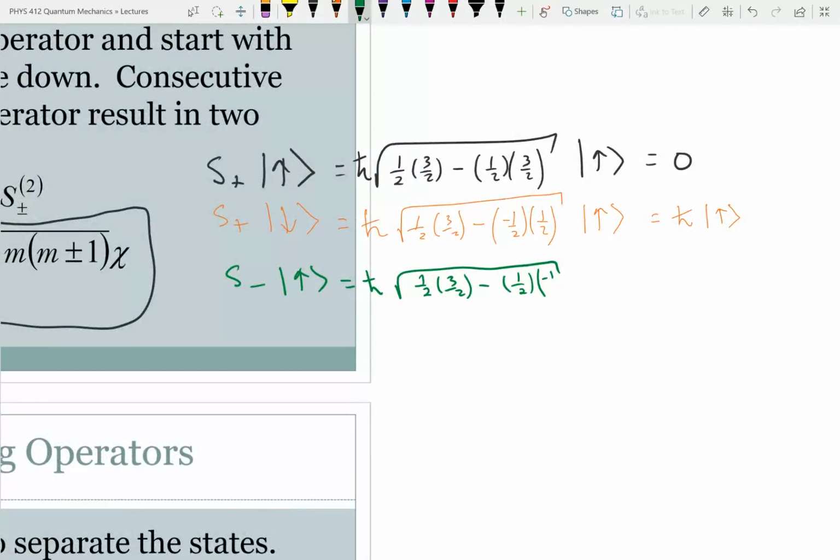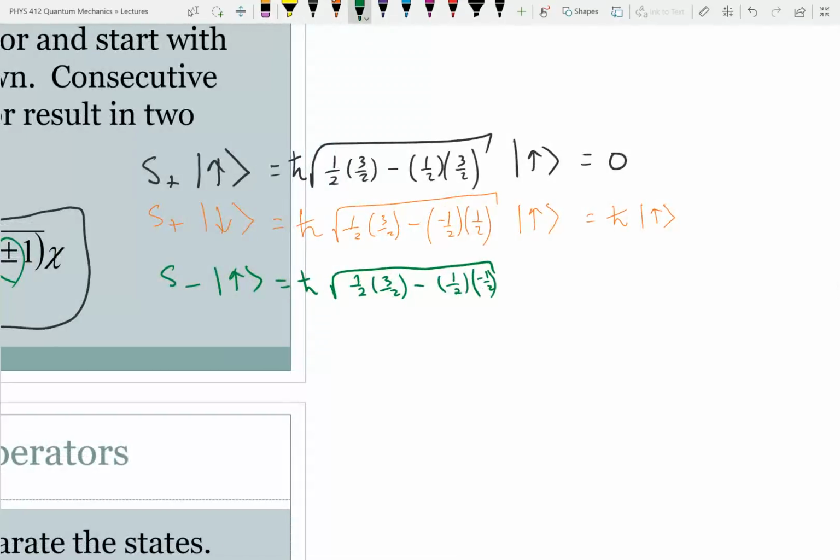That's right, because of the plus or minus right there. And that's the lowering operator, so it's with the down state. Actually, I put an up here, but you can't raise the up, so it's good that it was 0. So 3/4 minus a negative, so plus a quarter is 1 again.